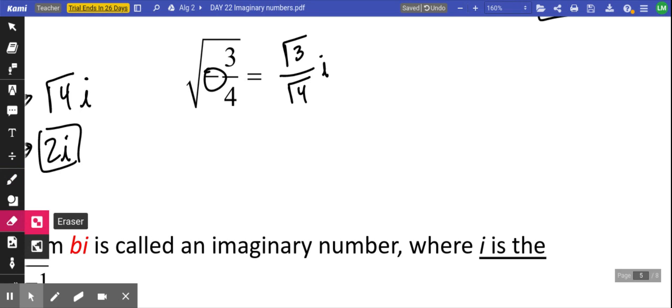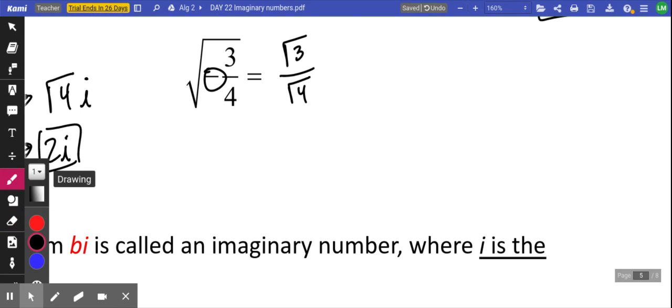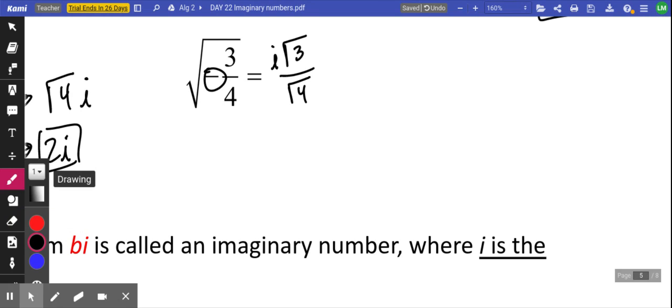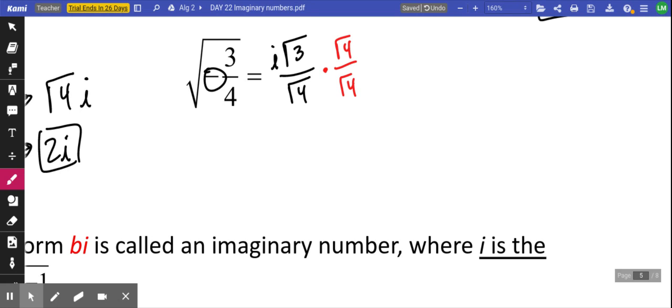I can write it next to it. I just can't write it on the bottom. So I can write it here. I can write it in front of the square root of 3. I just cannot write it on the bottom, okay? So I'm going to leave it there because that's going to help. Now, again, what you're thinking, radical in the denominator, I'm going to multiply by root 4 over root 4, but it's easier than that.